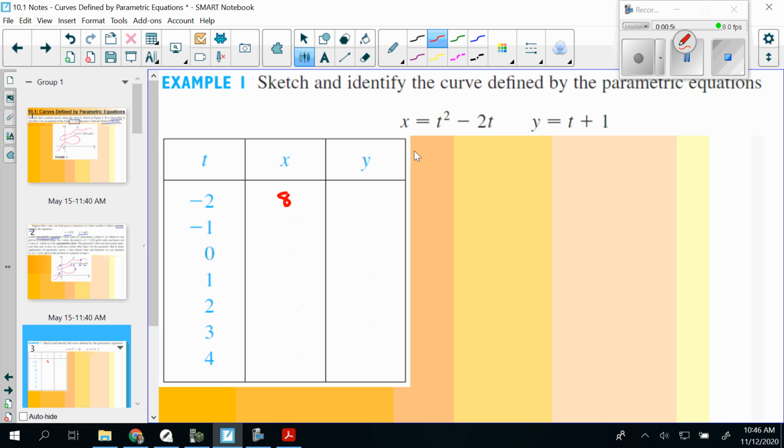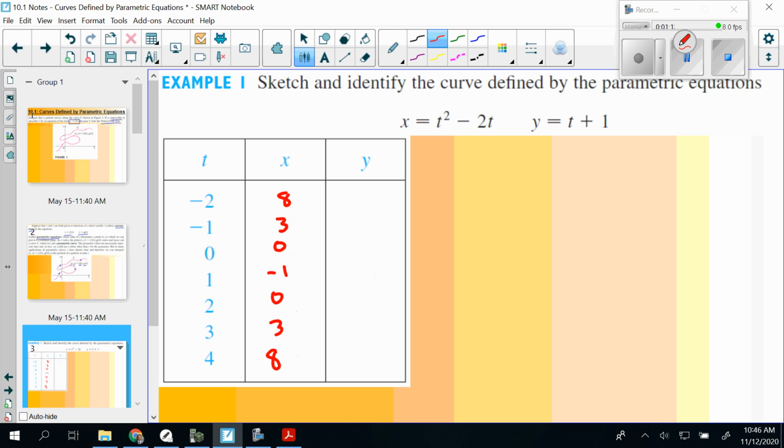If we did the same thing with -1, we'd have 1 plus 2, which would be 3. If we put 0 in there, it's going to be 0. 1 minus 2 is going to be -1. If we put 2 in there, 2 squared is 4, minus another 4 would be 0. And if we keep going, you get these values.